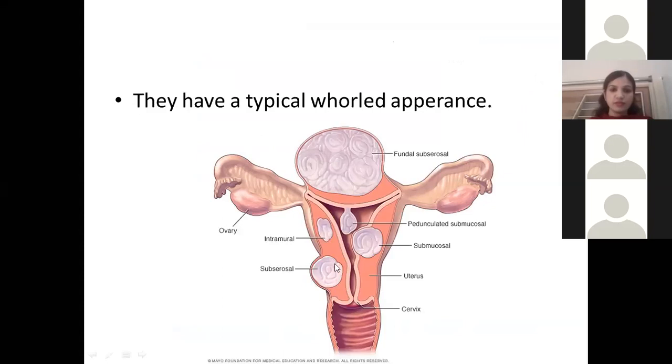But when we remove the myoma, there may be a risk of developing it again. There's a risk of recurrence. But in patients who have fertility issues, this is the best option for them. We remove the myoma and we advise them to conceive in future.